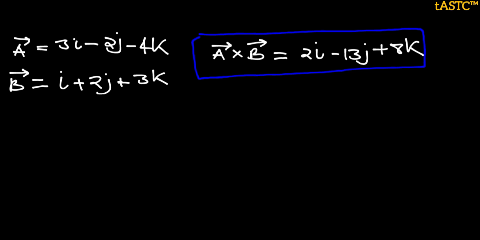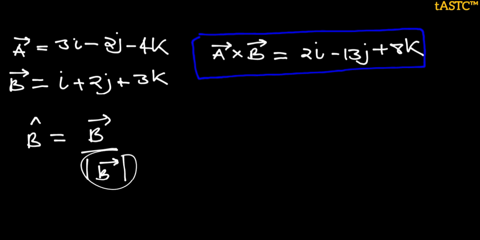Now let us say that you are required to find the unit vector in the direction of the vector b. The unit vector in the direction of the vector b should be written this way. That is going to be the vector b divided by the absolute value of that vector. We already know the absolute value of the vector b.